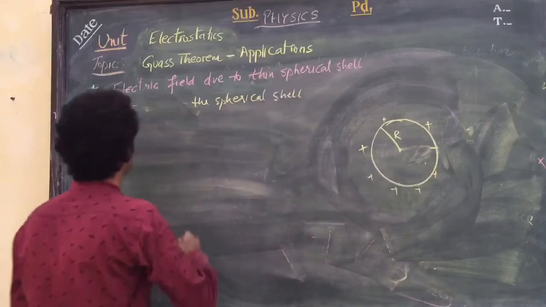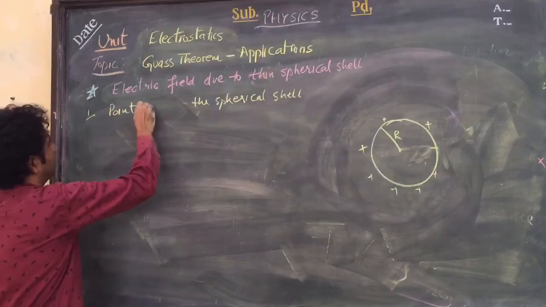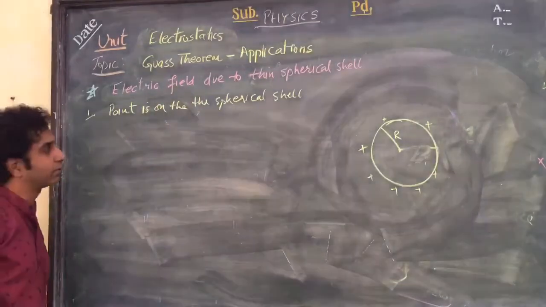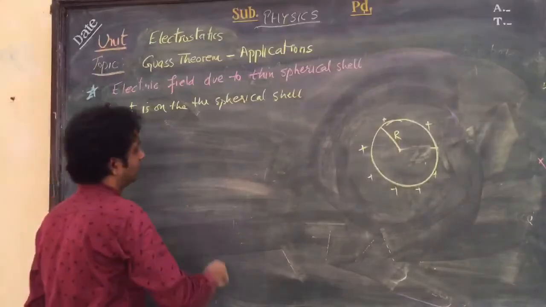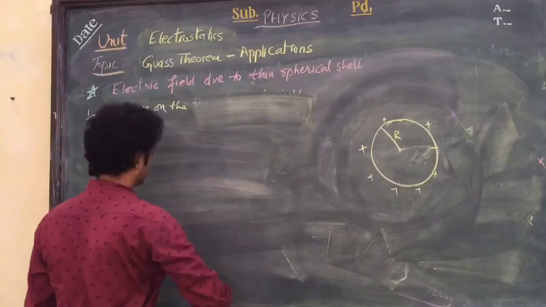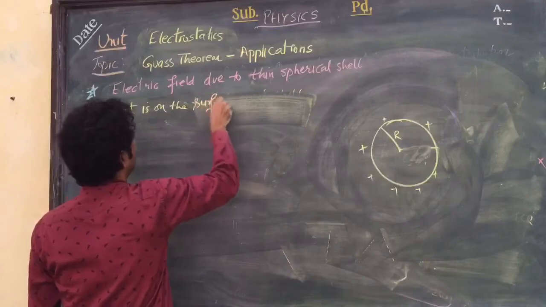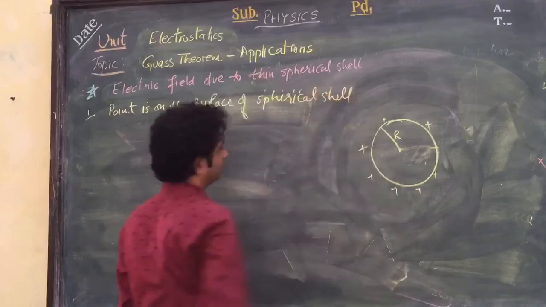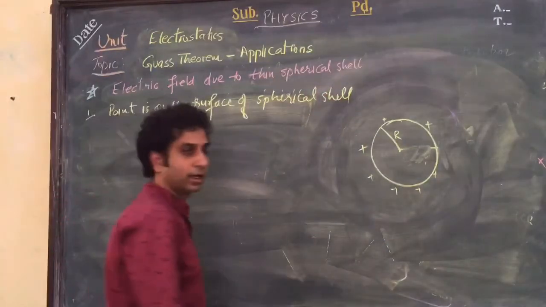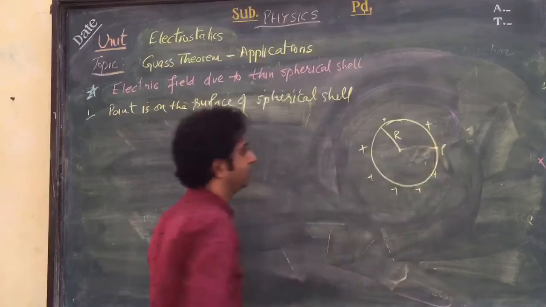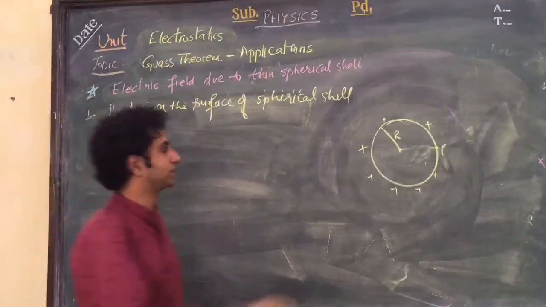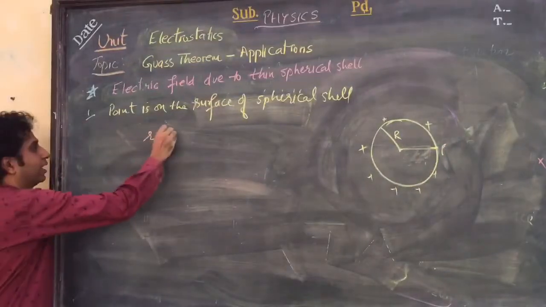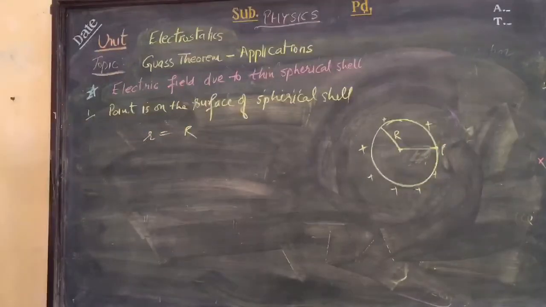In the second case the point is on the surface of the spherical shell, like this. So point P comes out to be on this surface itself. So this is also radius R, and in this case we can say that now r equals R.